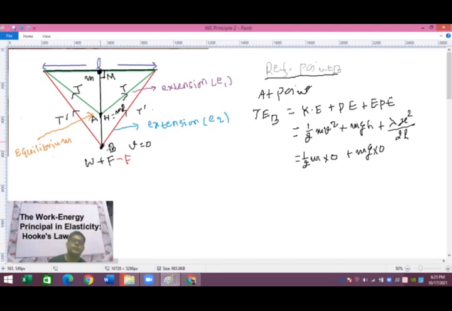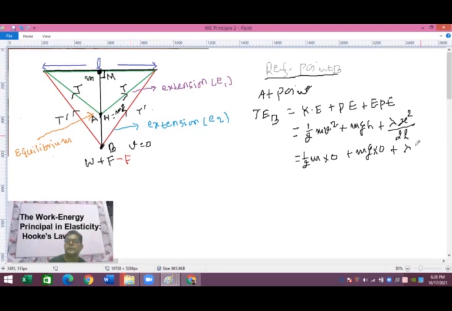If you are talking of the potential energy with respect to the position B itself, and then lambda x square, we have to find the extension of the string, that extra length beyond the original length, which will be the extension.